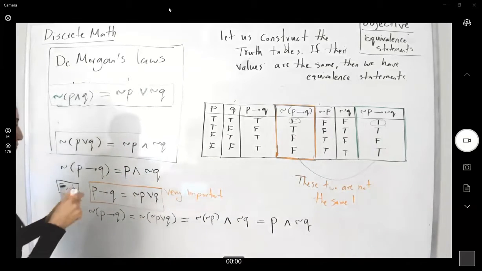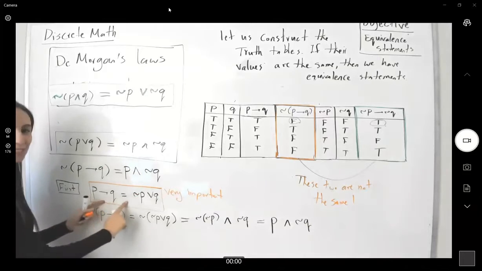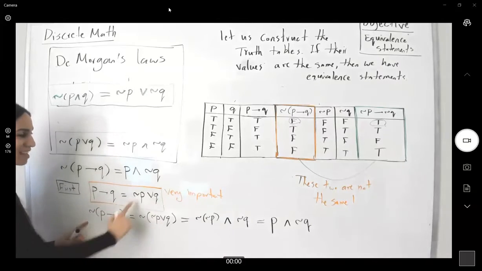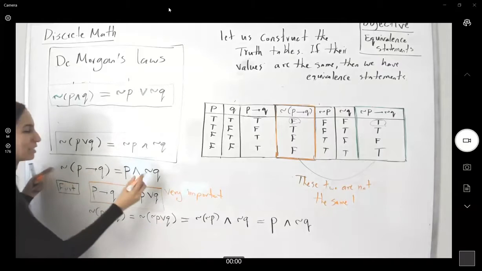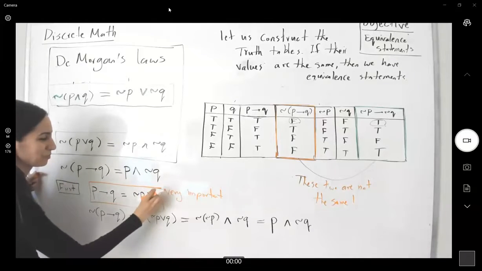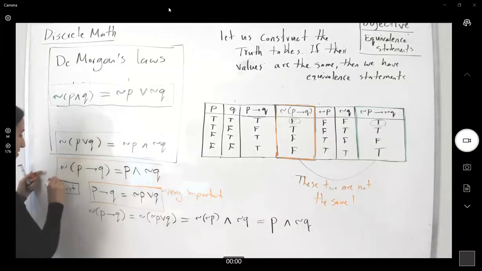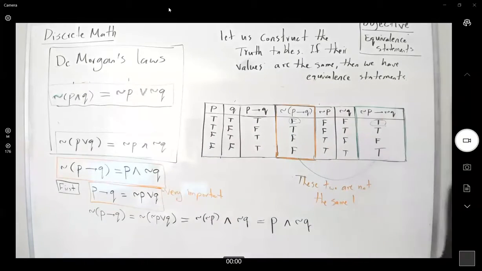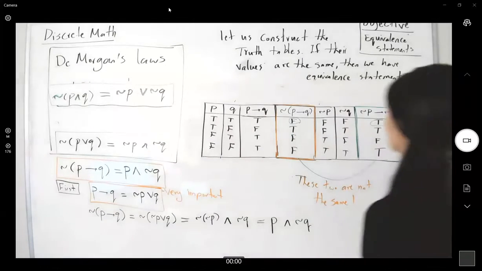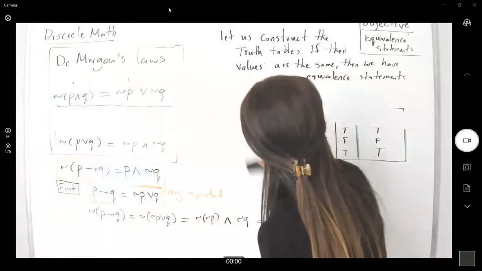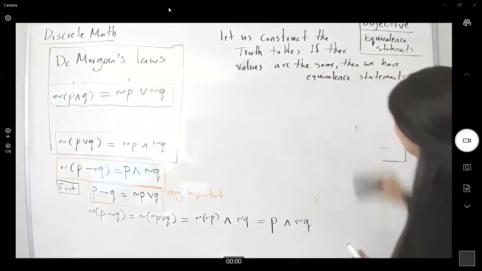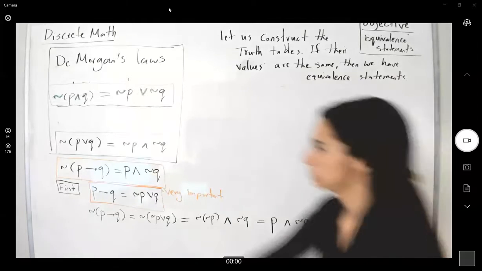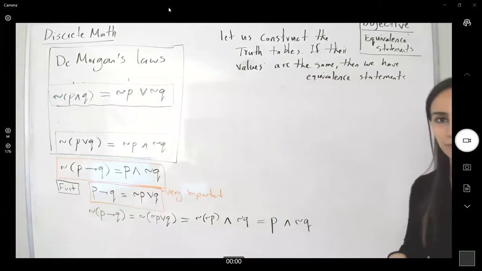Another law for you. P then Q is not P or Q. You can negate this and get the negation of P then Q. So this was the first one.